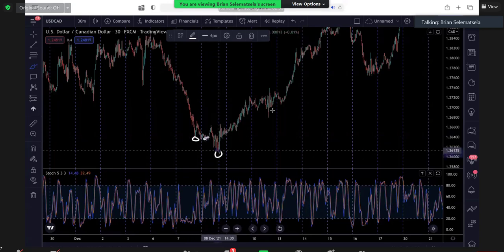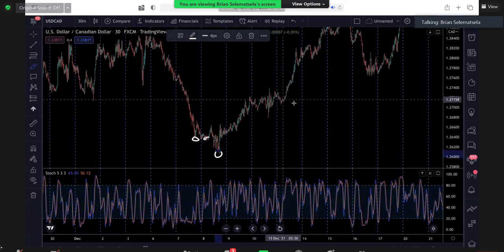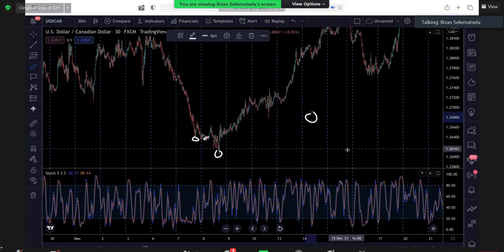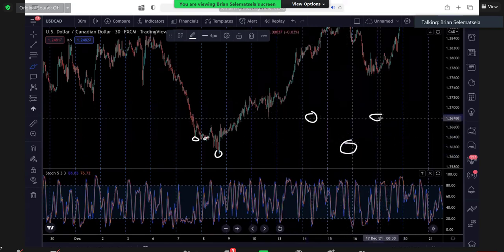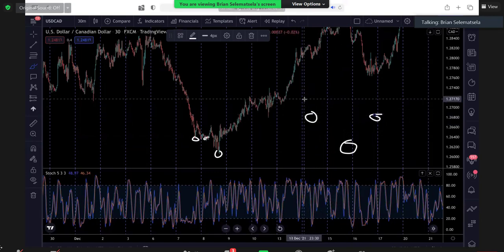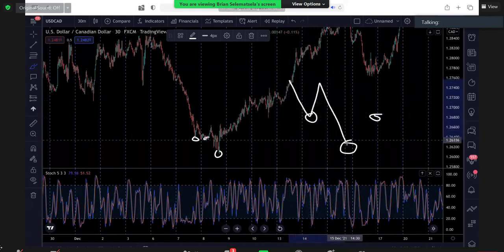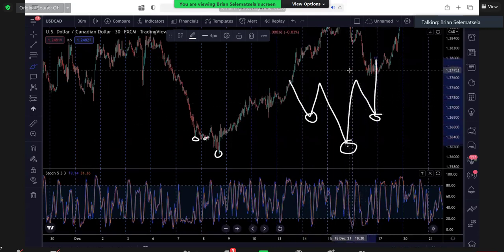Or, to make it easy, see the market as some form of, every time the market turns, use 3 points. First point, second point, and third point. Know that there is a first point here, second point there, third point here.